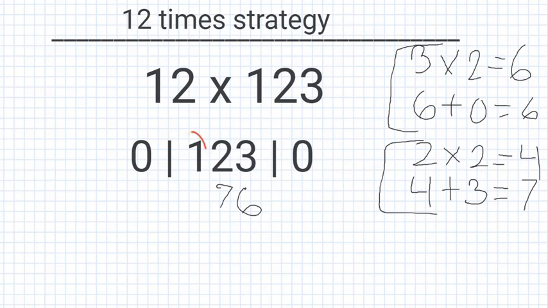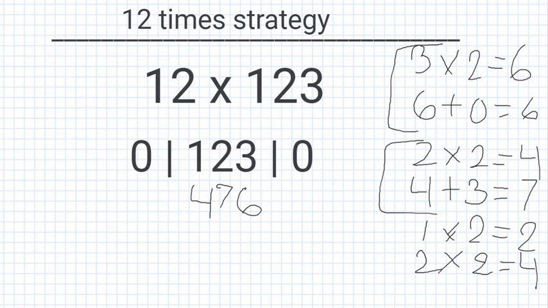And then our next number is 1. And 1 times 2 is 2, and 2 times 2 is 4. So you're going to write down 4. And last but not least, we have 0. And 0 times 2 is just 0, and 0 plus 1 is 1.